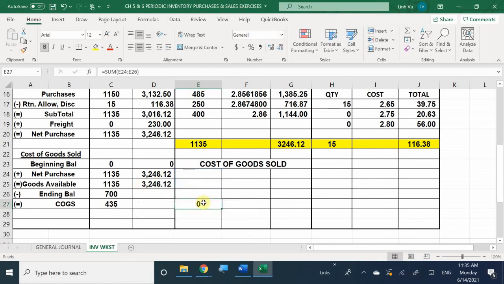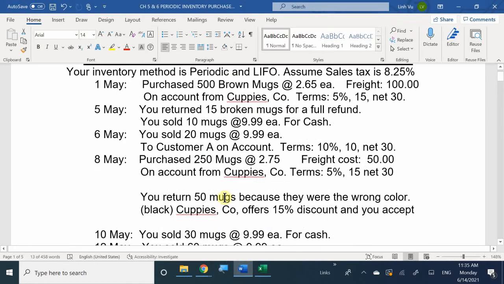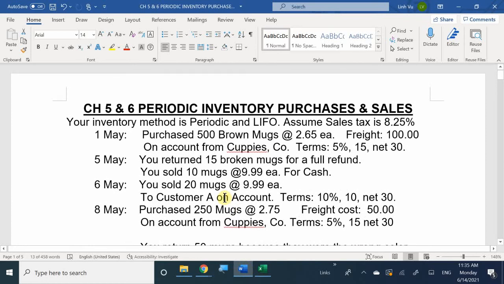So I'm going to do an equal sum so I can have a running balance. Okay. So let's double check real quick what my costing method is going to be. It is LIFO, last in, first out.